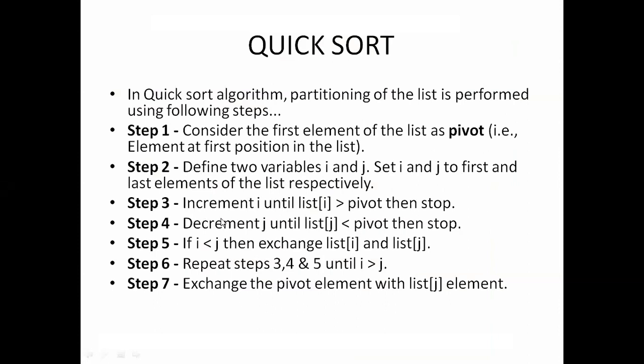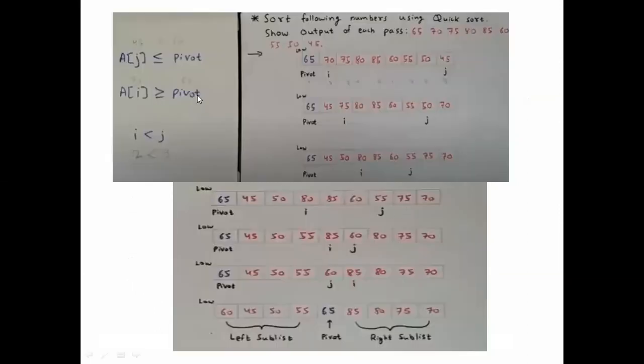Next, you have to increment i until A of i is greater than the pivot. Whenever the condition fails, you can stop the incrementation of i. So see here, A of i greater than or equal to pivot, or greater than pivot. A of i means the value here is 70.